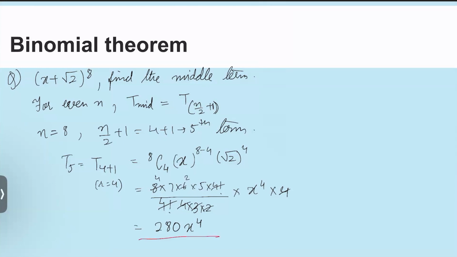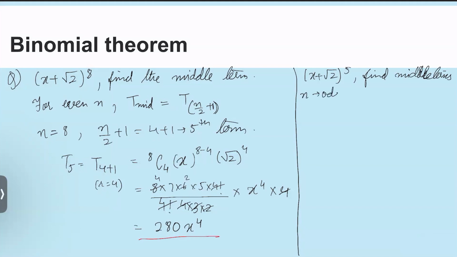Suppose, just for example, we take this as x plus root 2 the whole raised to 5. Find the middle terms. For when n is odd, t middle 1 is going to be t (n plus 1) by 2, and t middle 2 is going to be t (n plus 1) by 2 plus 1.